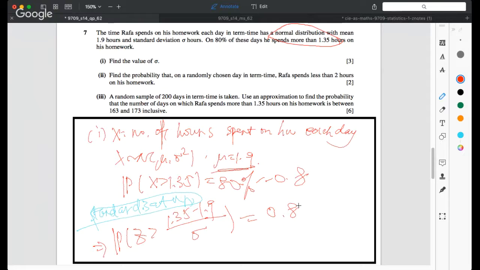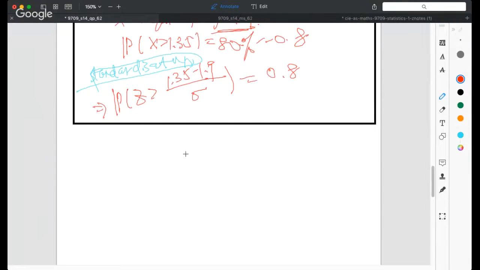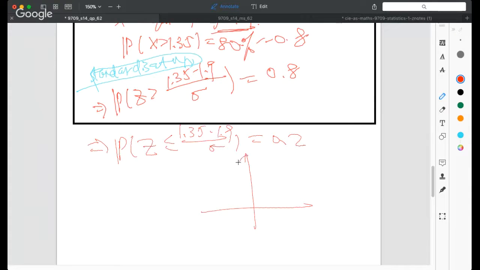So we know that our next step means the probability of z smaller than or equal to (1.35 minus 1.9) over sigma is 0.2, right? So now we know that this value corresponds somewhere here, and the area of this part is 0.2, right?